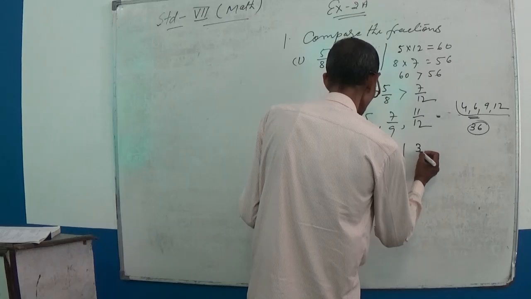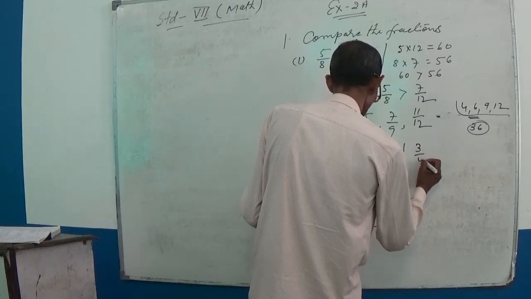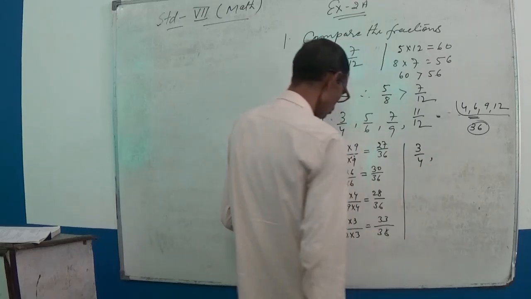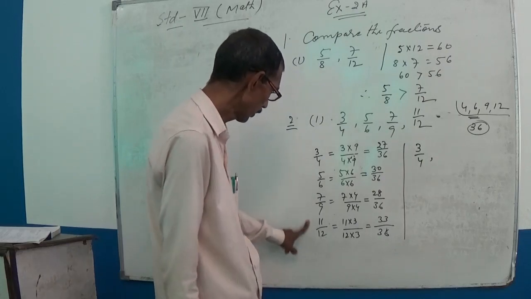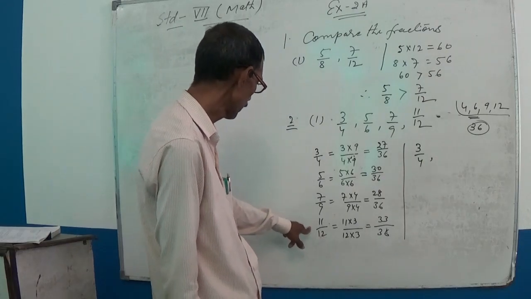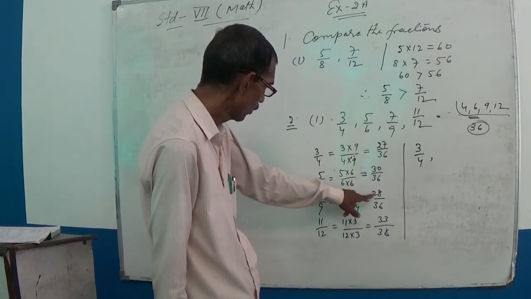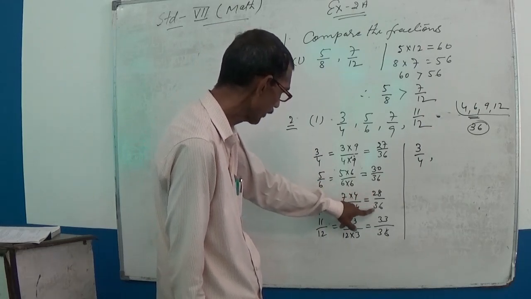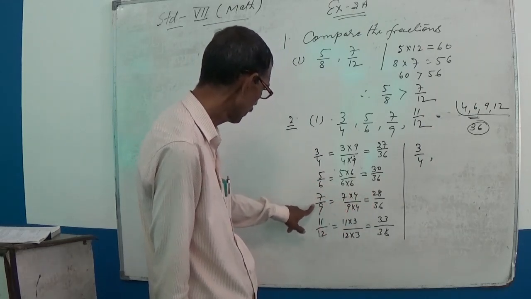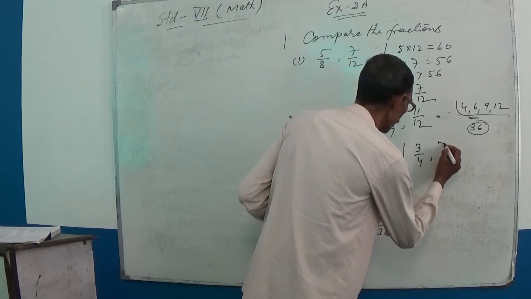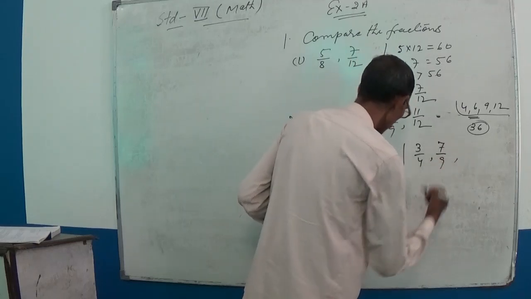So write here 3 by 4, the smallest. Next is 28 by 36, which means 7 by 9.